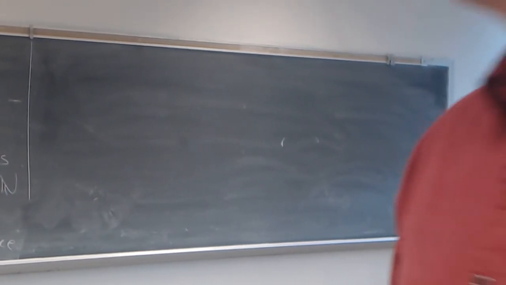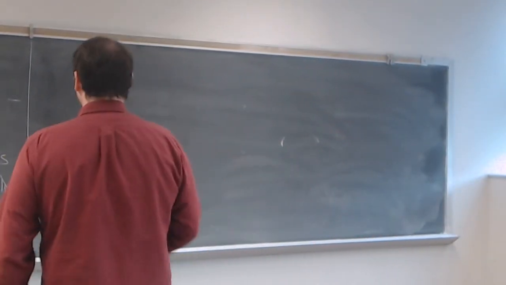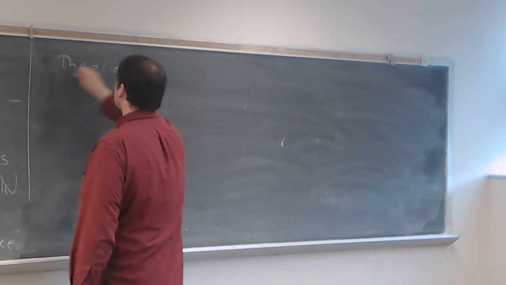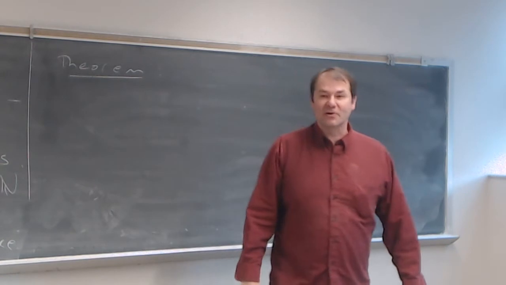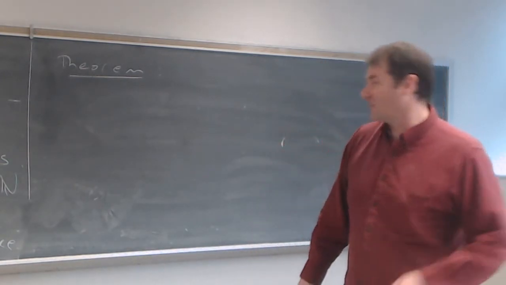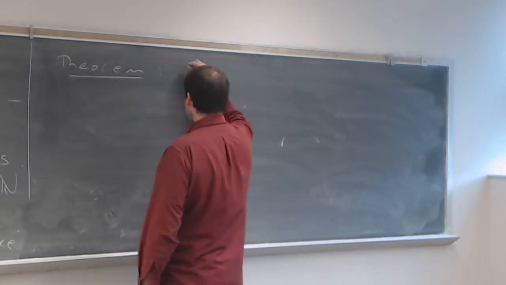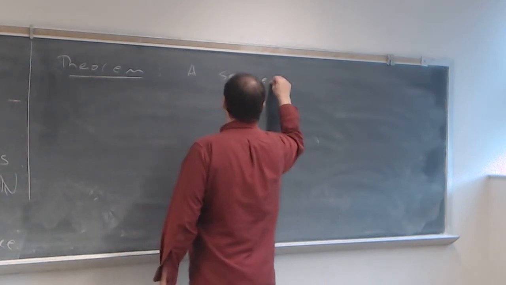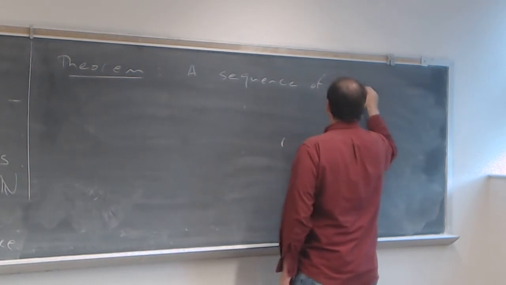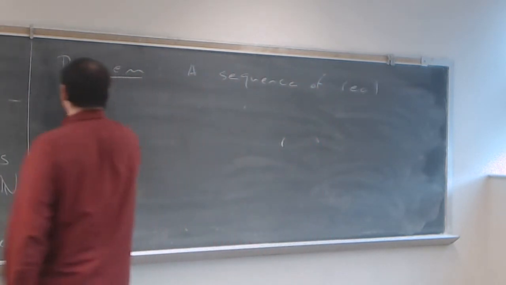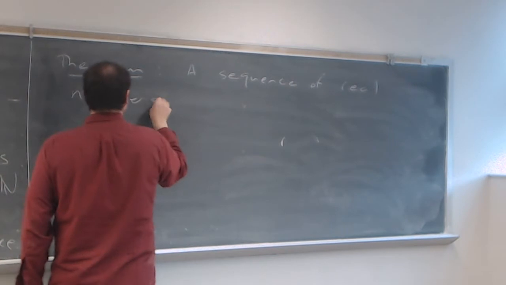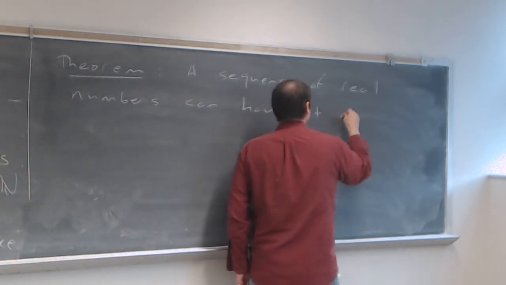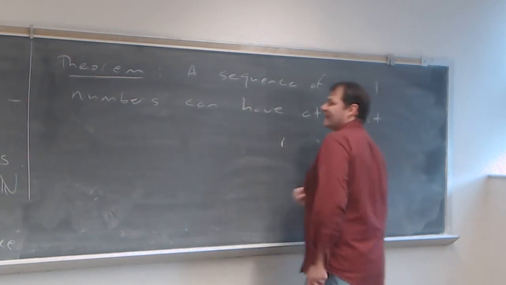What I want to look at next is a theorem, and this theorem says the following. Theorem is a big, fancy mathematical word. It just means big fact. Here's what it is: a sequence of real numbers can have at most one limit.